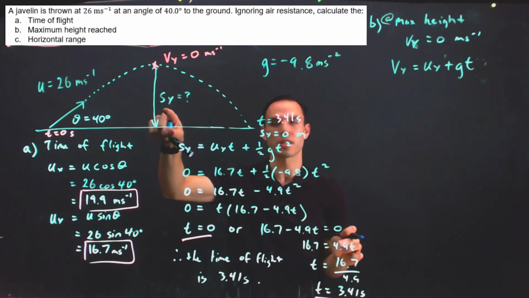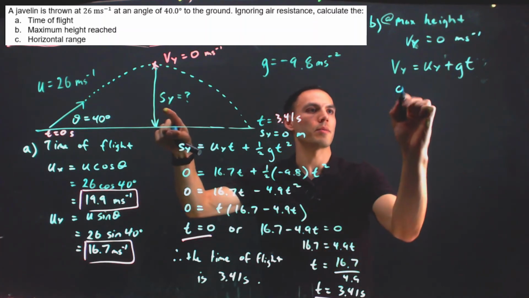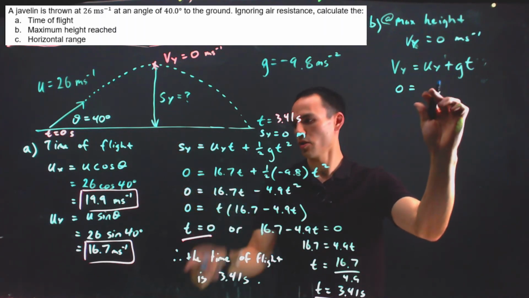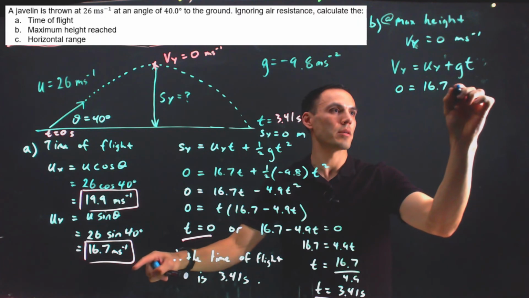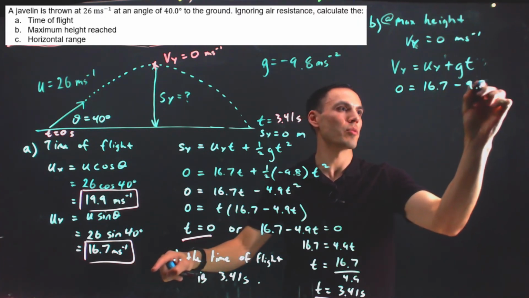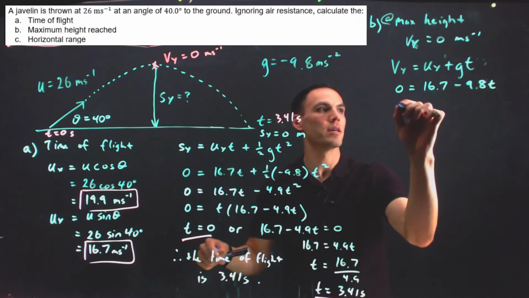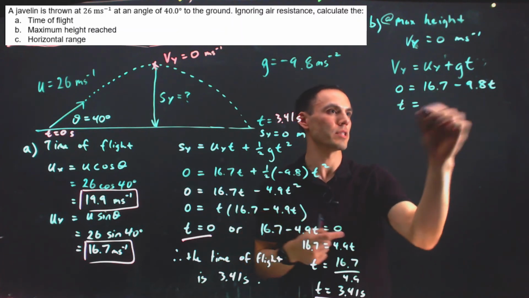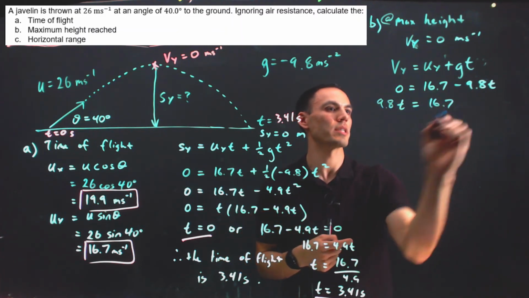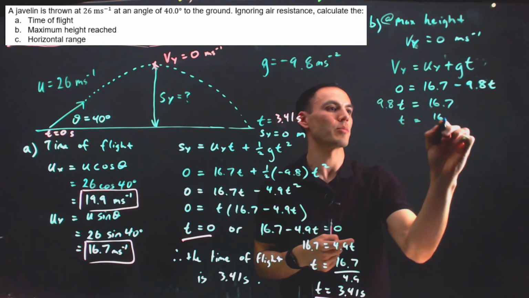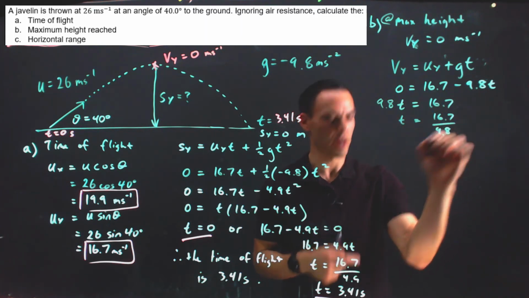It's called the vertical displacement. Subbing it all in, we're going to get Uy, which is 16.7, and there'll be minus 9.8t. Just quickly rearrange for t, it'll be 16.7 over 9.8.